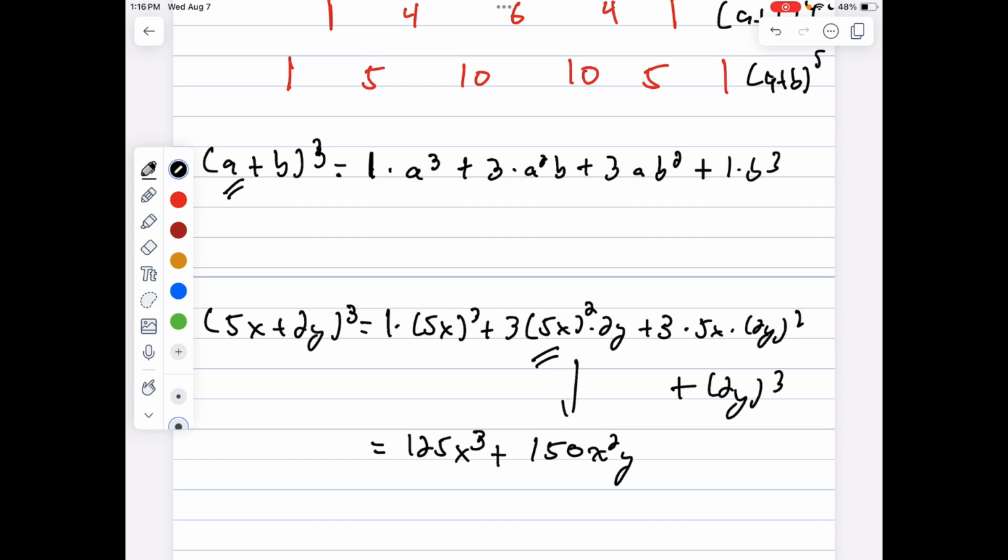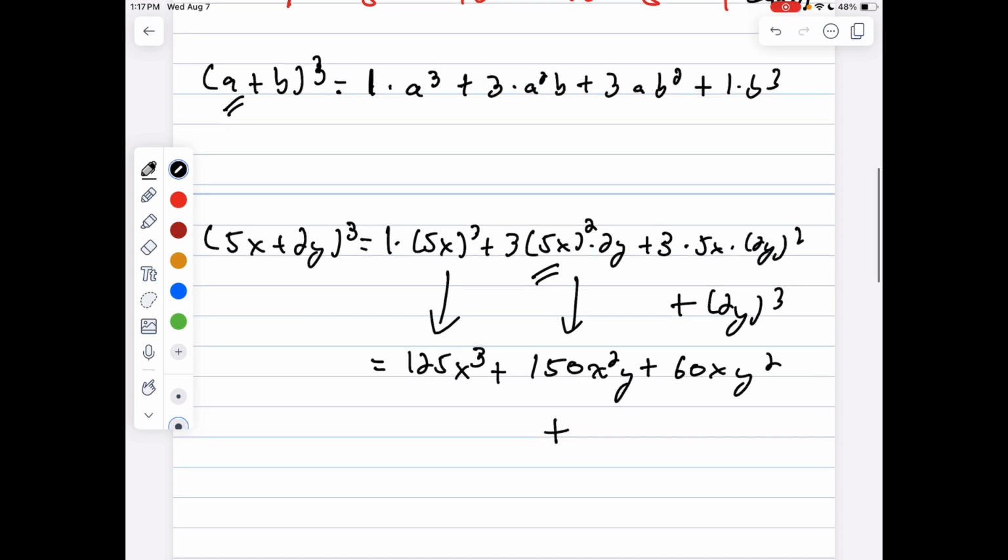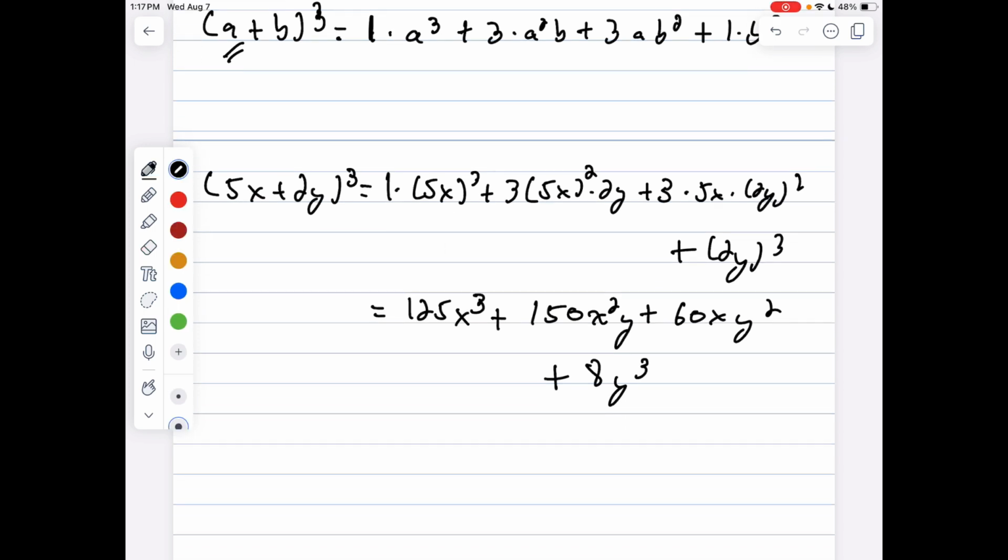So that term became that. 3 times 5x times 2y squared: 3 times 5 is 15, times 4 would be 60xy squared, plus 2 to the third is 8, y to the third. Okay. So we'd have that right there, and that would be it. That's our expansion.